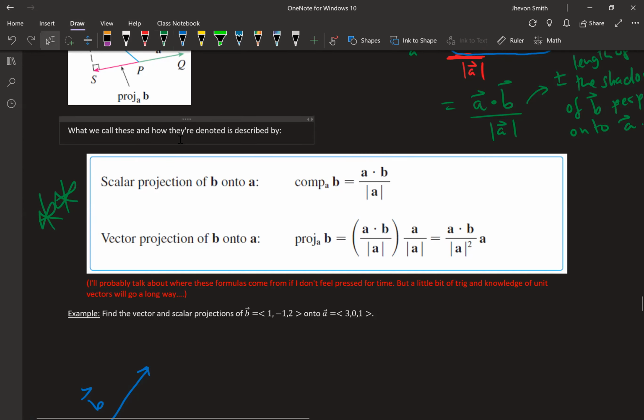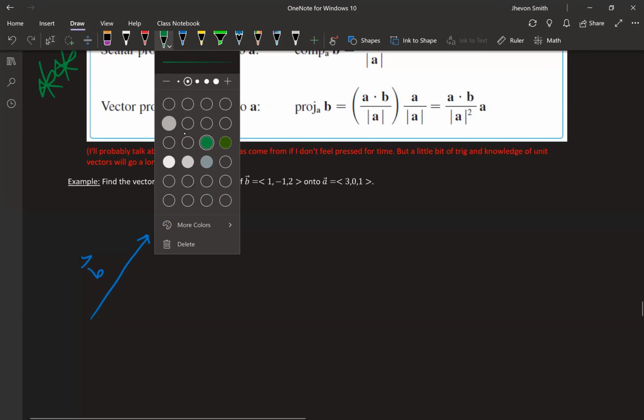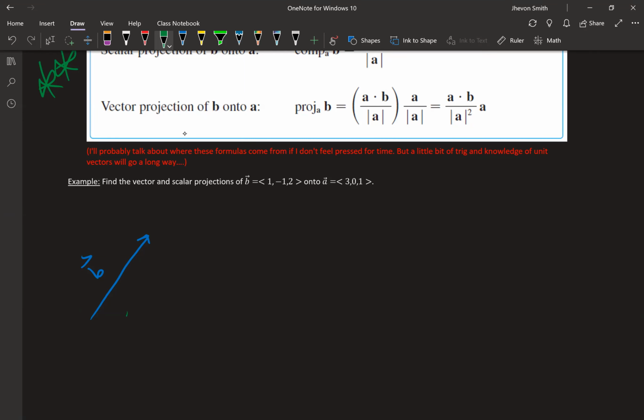All right, so that was B. Let's say I also now have A. Say this is A over here. And essentially what I want to do is project this guy down. Now I will create another vector, which is this red vector that goes from here to here.